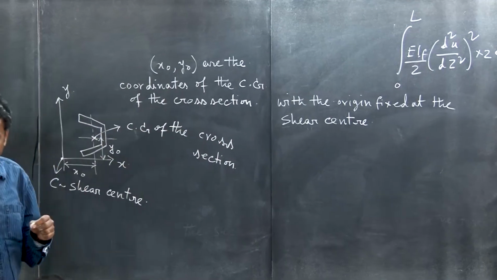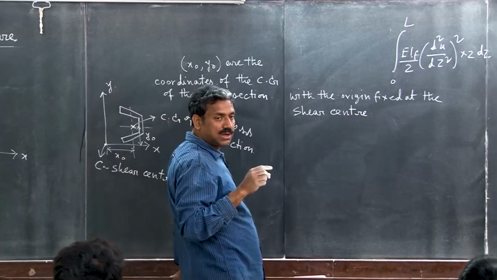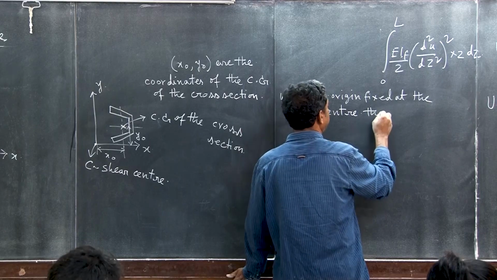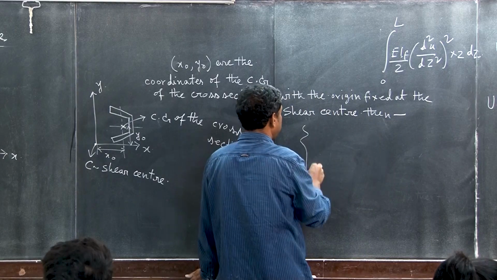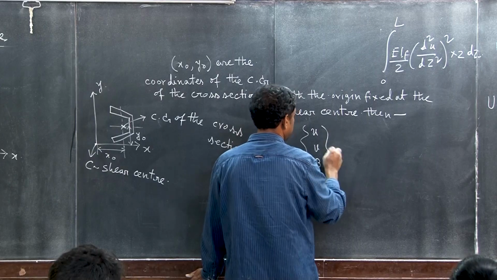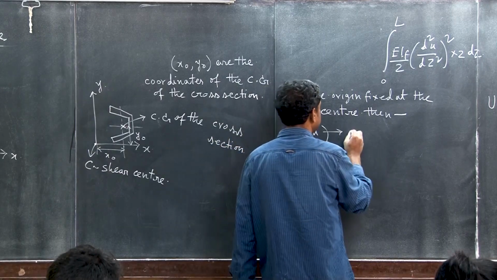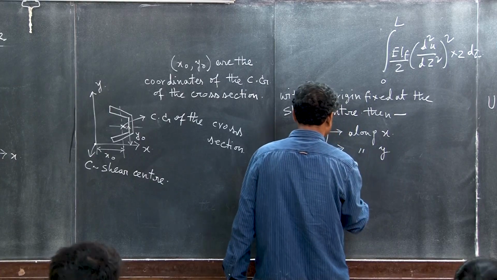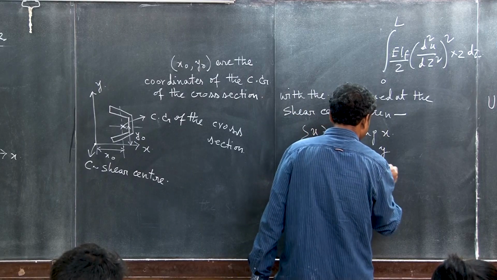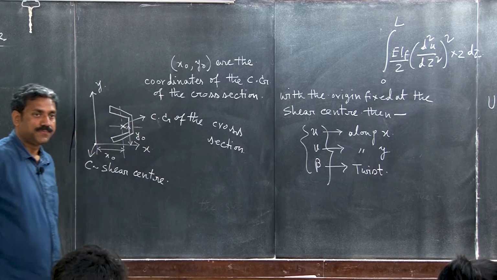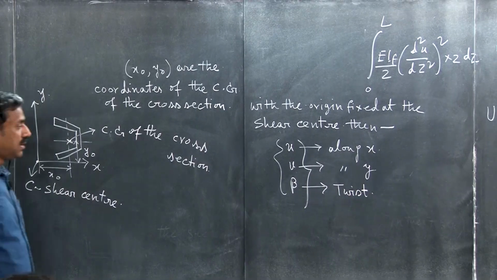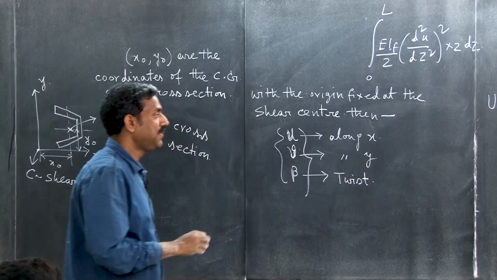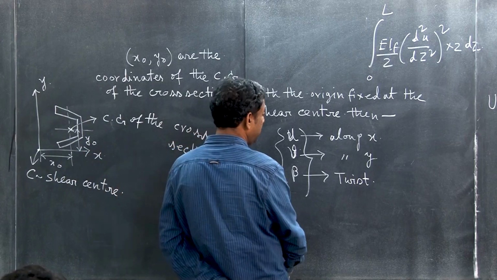Because if we fix the origin at the shear center, then we can decompose the motion into 3 components, U, V and beta. U is the translation along x, V is the translation along y, and beta is the twist. U, V and beta, beta is the twist.